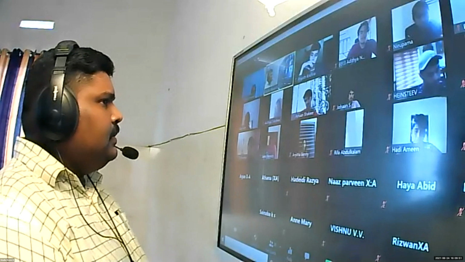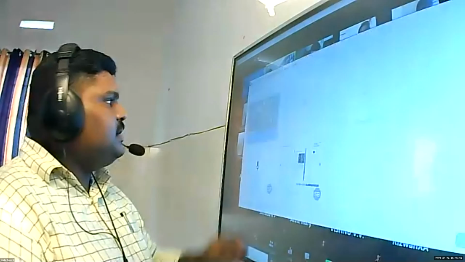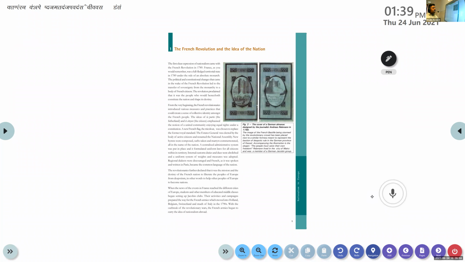The answer is in the textbook. Please check that. Just open your textbook. If you open, the second line has the answer. 1789. The first clear expression of nationalism came with the French Revolution in the year 1789. So easy to remember that number, right?